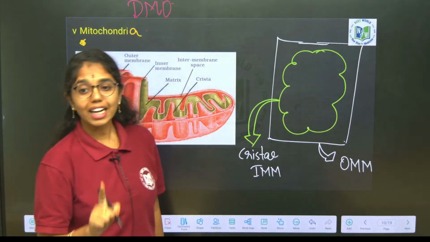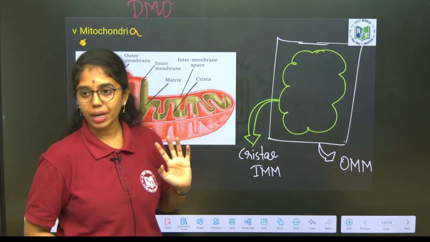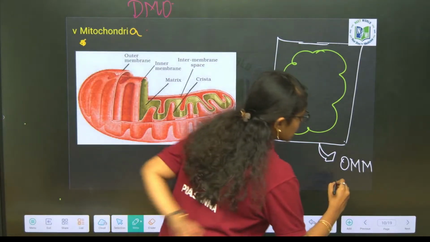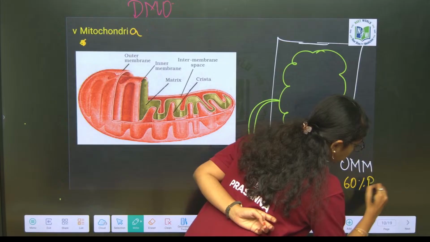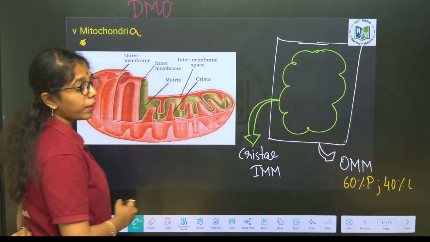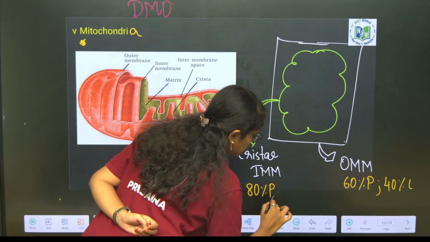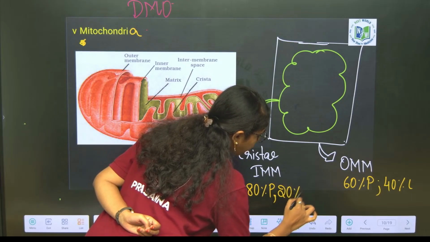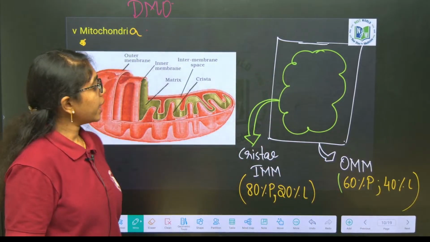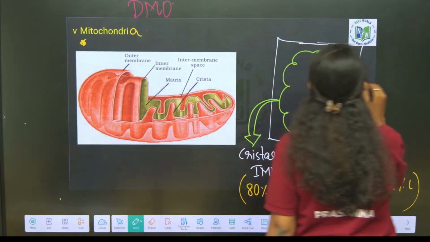The protein and lipid composition in the outer mitochondrial membrane and inner mitochondrial membrane are different. In outer mitochondrial membrane, the composition is 60% of proteins and 40% of lipids. In inner mitochondrial membrane or cristae, it has 80% of proteins and 20% of lipids. And the space in between outer mitochondrial membrane and inner mitochondrial membrane is what?